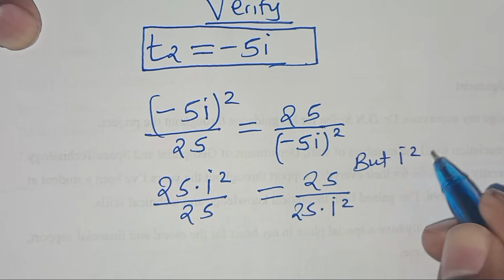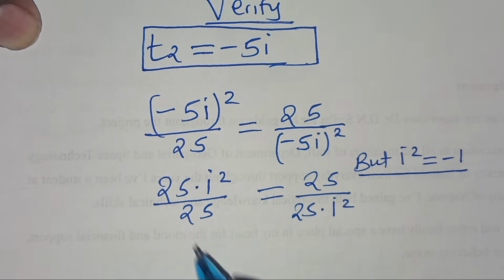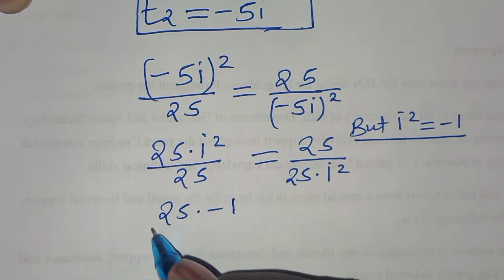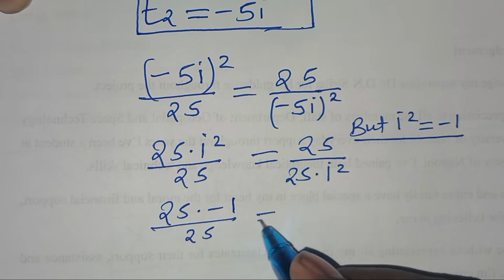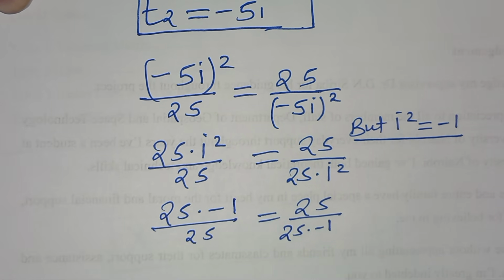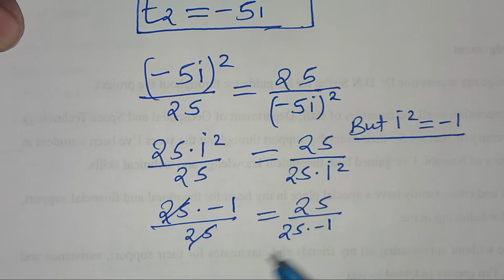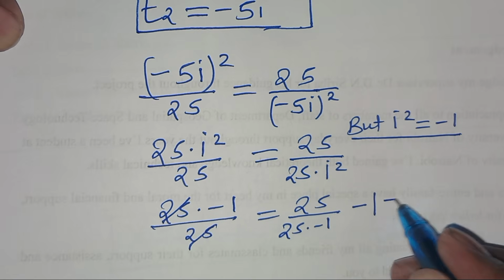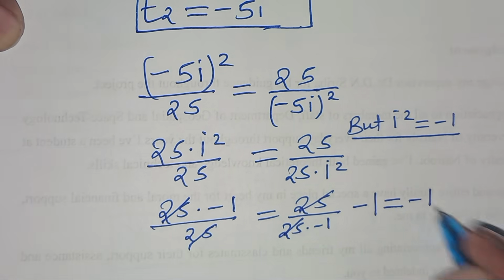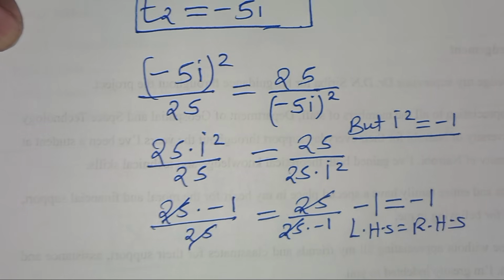But i squared is the same thing as minus 1. Substituting this, we'll have 25 times minus 1 divided by 25 equal to 25 divided by 25 times minus 1. So 25 and 25 simplify, so this is minus 1, which is equal to 1 over minus 1, which is minus 1. So the left hand side is equal to the right hand side.